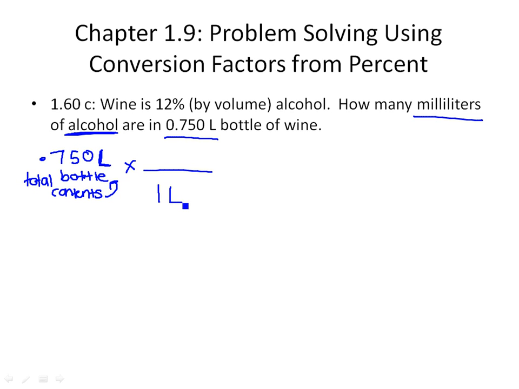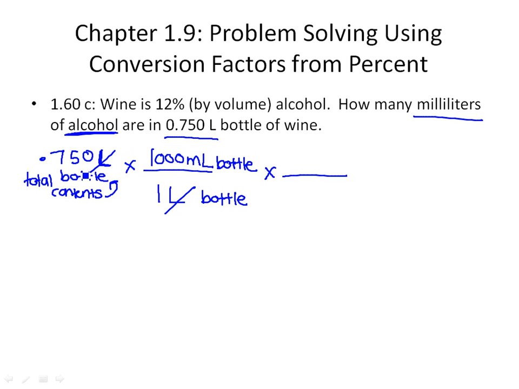If we go to our conversion factor sheet, we see we have 1,000 milliliters in 1 liter. So now our liters will cancel. Remember, for dimensional analysis and conversion factors, we set everything up so that we can cancel diagonally.